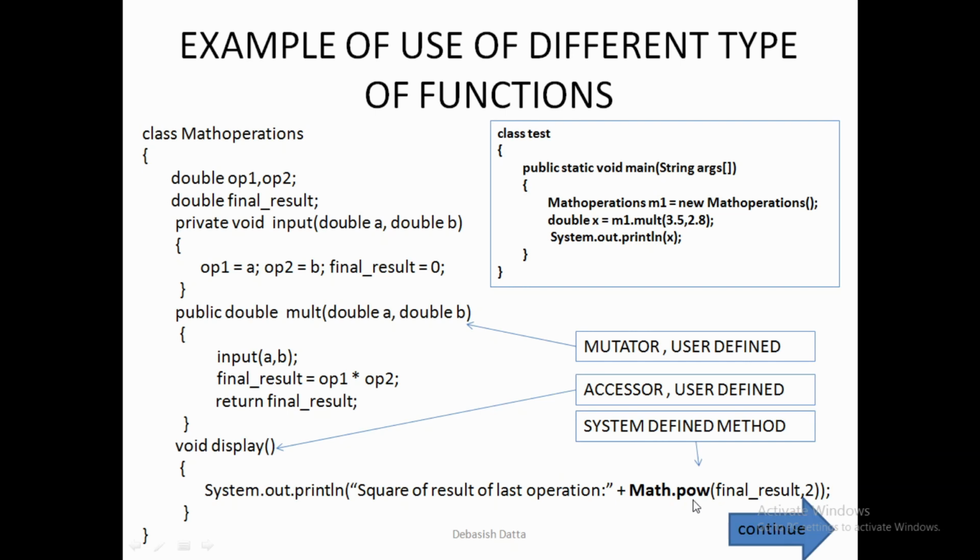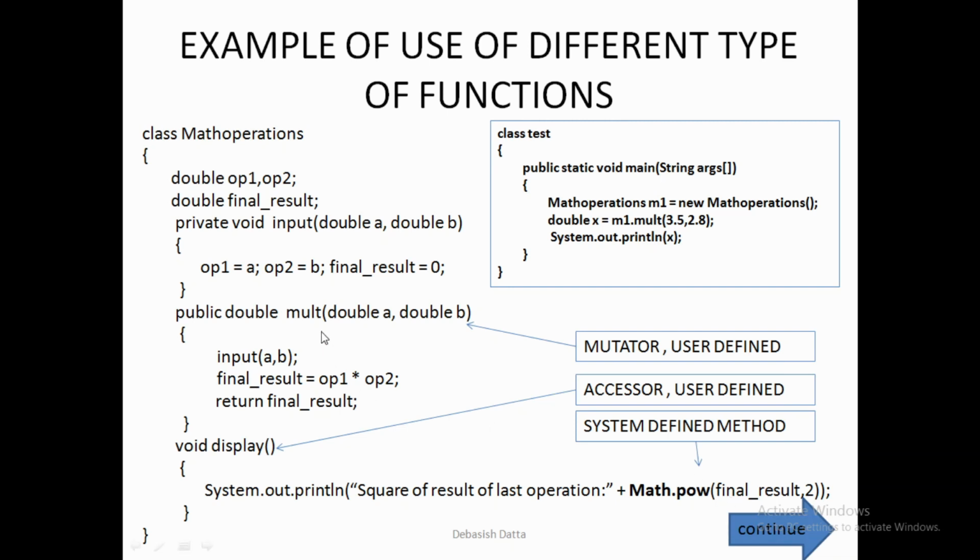The pow function is not a user defined function. It is actually a system defined function. The definition of the pow function is available inside Java. Therefore, we need not write the definition of the pow function as it is already available inside Java. So whenever we call the pow function, the definition which is available inside Java gets executed and we get the result.